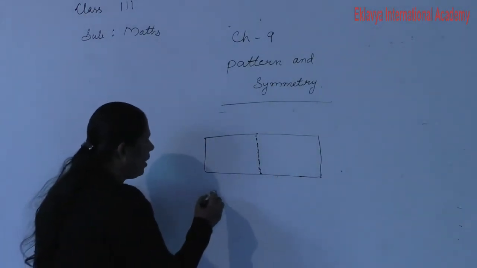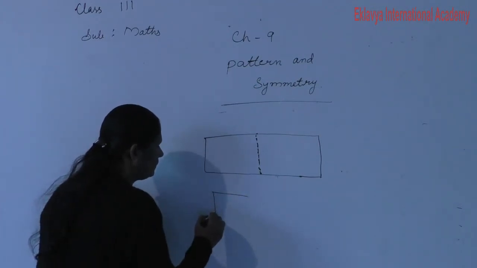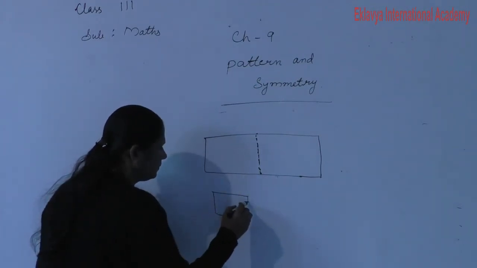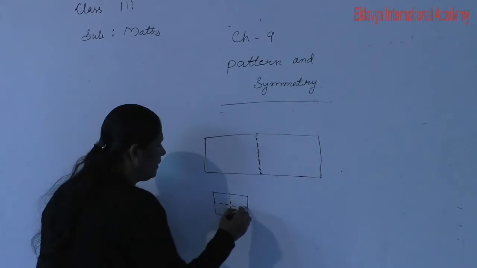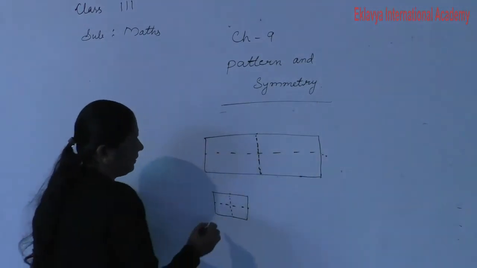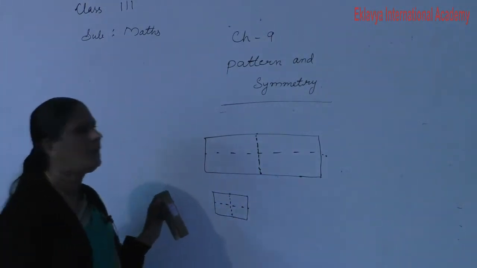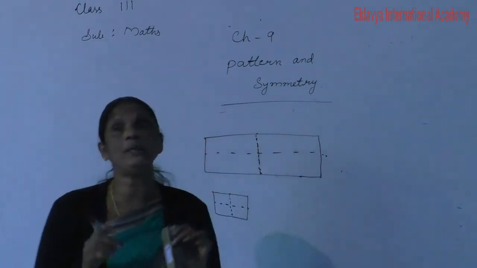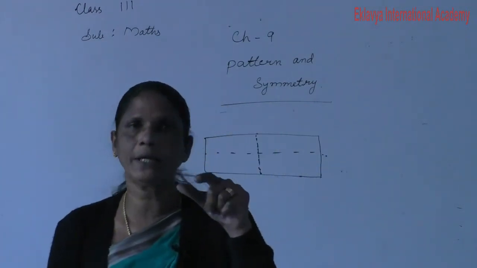Then we draw a square. Then we cut this, then we cut this, this also you cut. Then this is the symmetrical part. In a triangle, an equilateral triangle, all sides are equal.